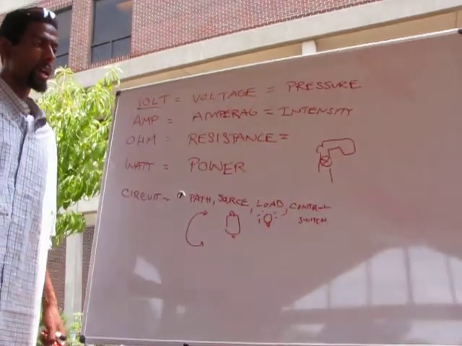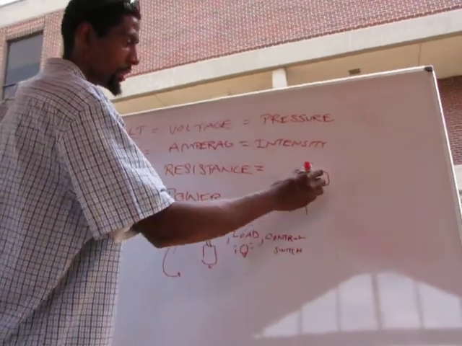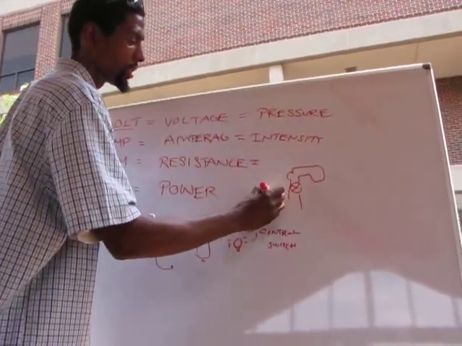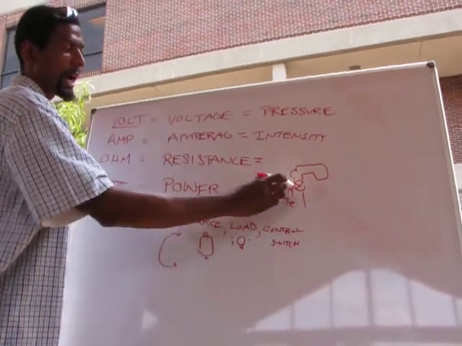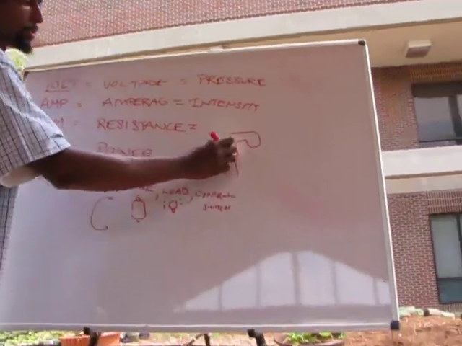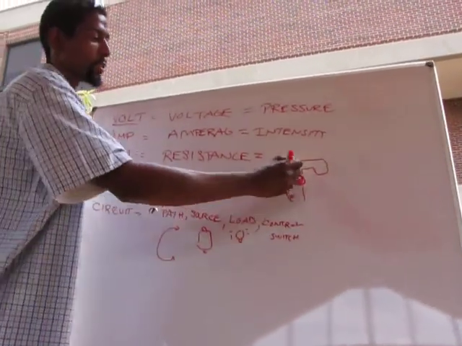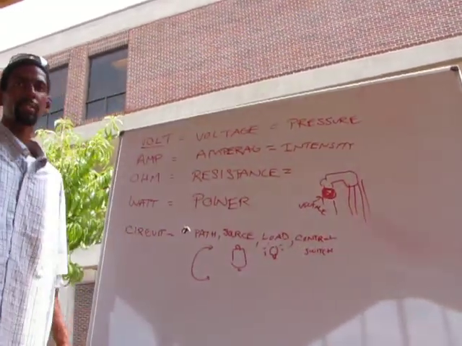Now let's use the example of a water spigot. You've got this pipe here. The voltage will be equal to how much pressure. The more I open this up, the more pressure, so the more voltage we've got.